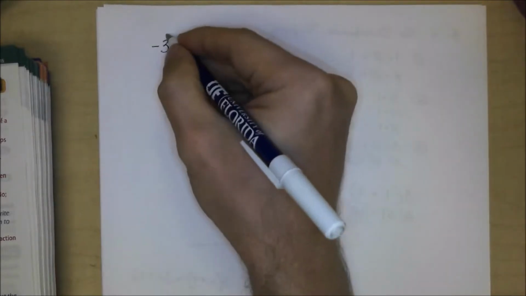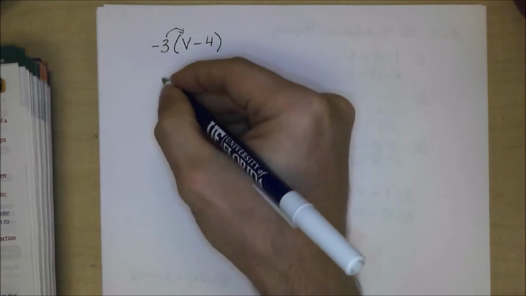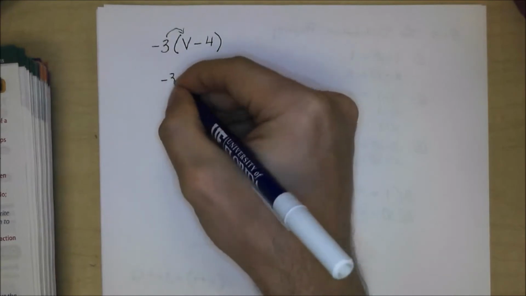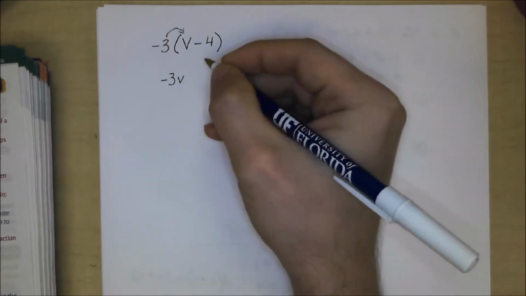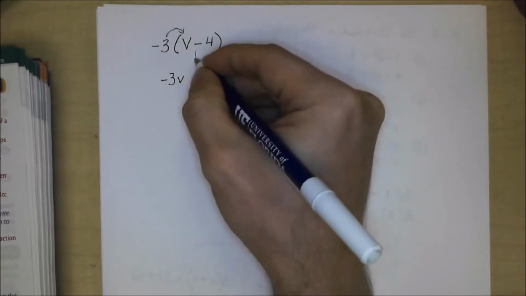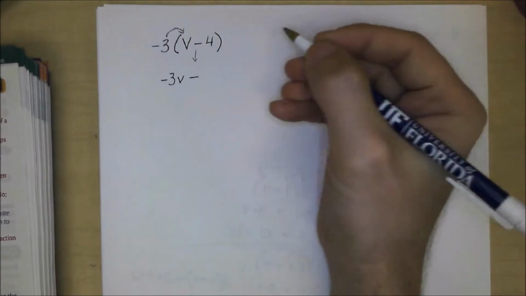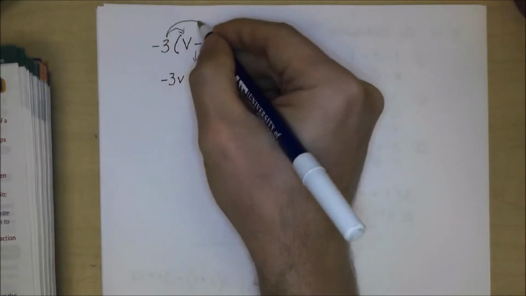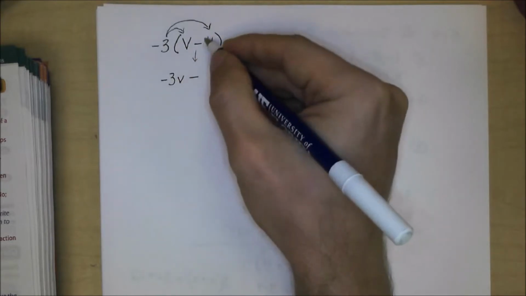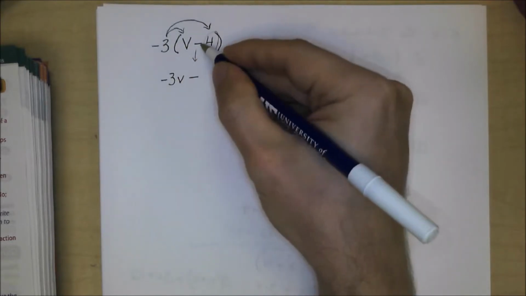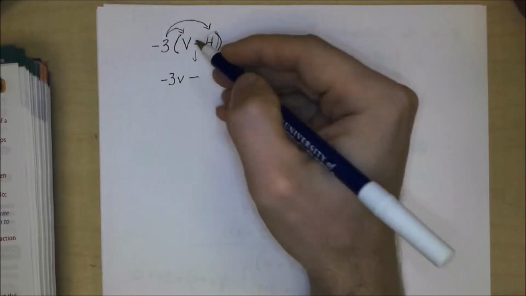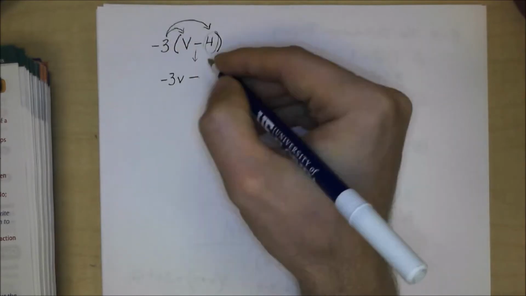Well, now I've got negative 3 times v. So literally I'm going to write negative 3 times v. It's a subtraction problem, so I have my minus. And now I have negative 3 times 4. Don't think of this as a negative. That's a subtraction sign. It's already there. So it's just negative 3 times 4.